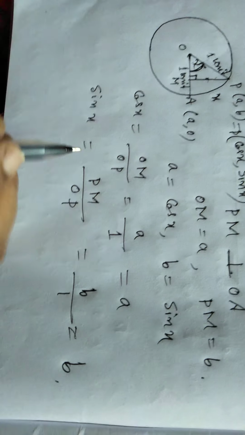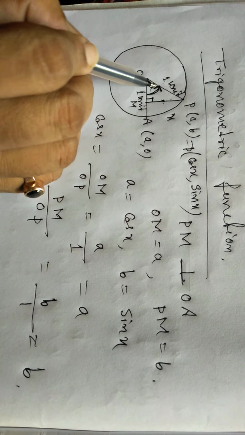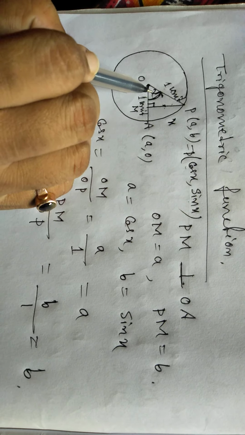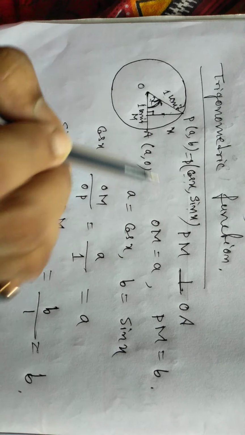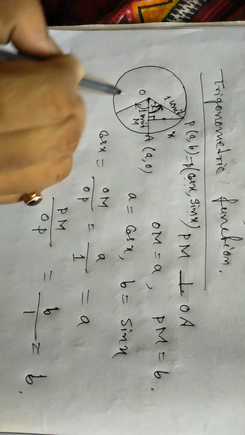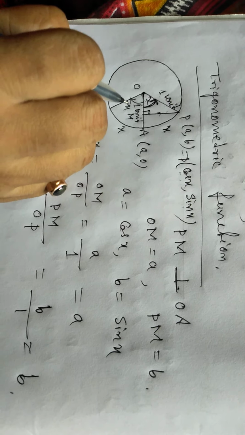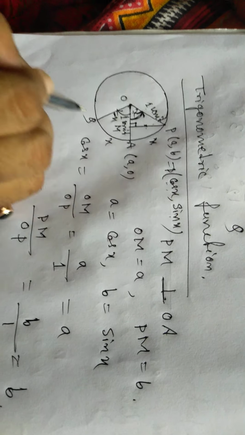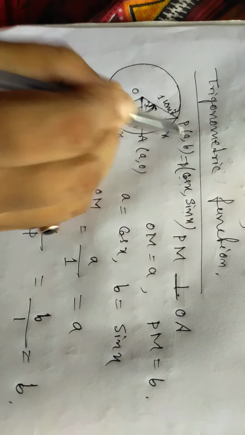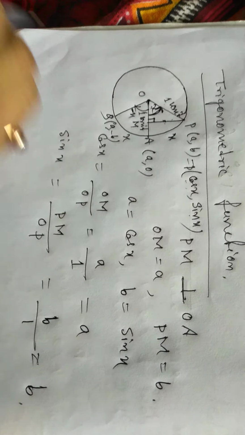Now when it moves in the anti-clockwise direction, the angle is positive, so we get (cos x, sin x). When it moves in the clockwise direction, the angle becomes minus x and the point is Q. That time the coordinates of Q will be (a, minus b).